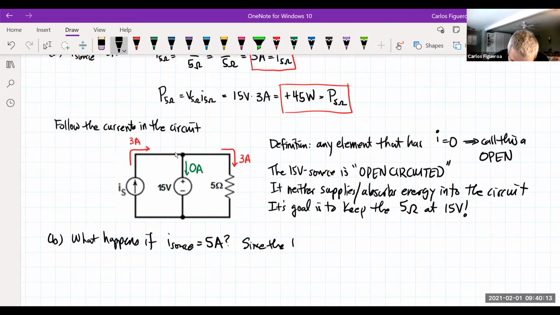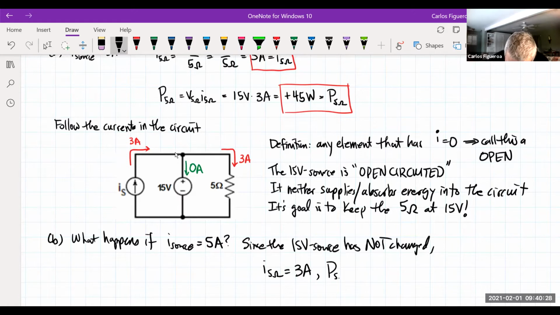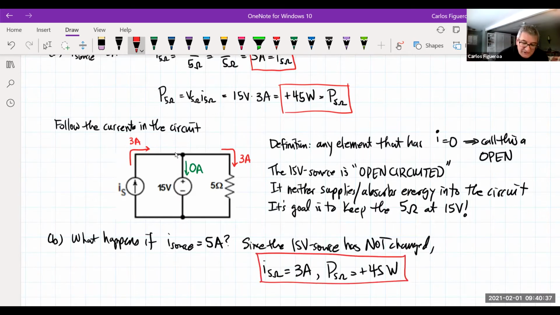Since the 15-volt source has not changed, that means that the current of the 5 ohm is still 3 amps, and the power of the 5 ohm is still plus 45 watts. Nothing has changed. Why? Because what determines the behavior of that 5 ohm resistor is that voltage source, no matter what.